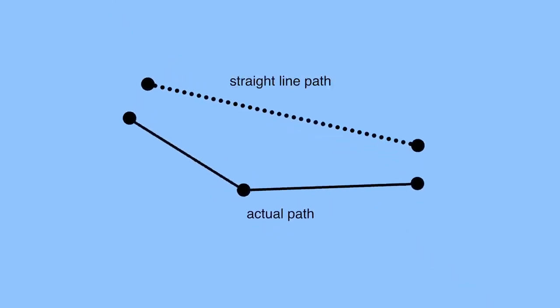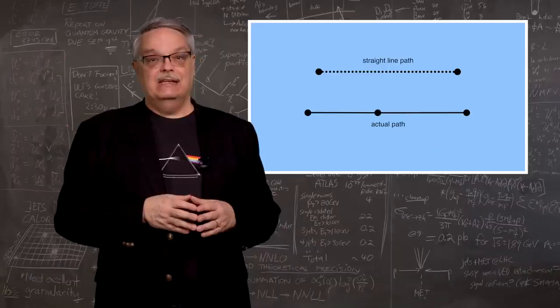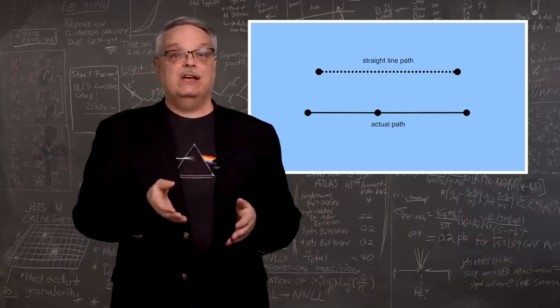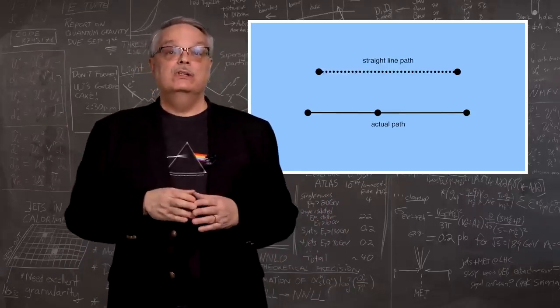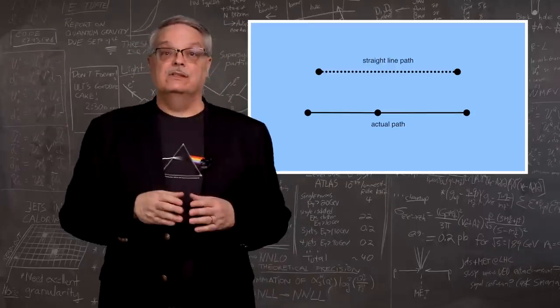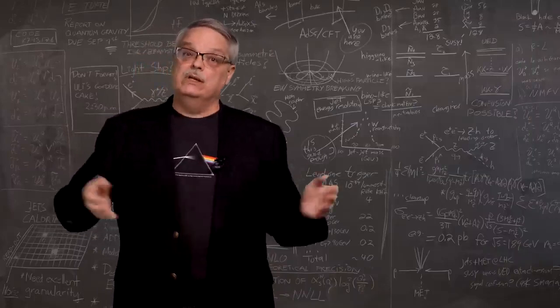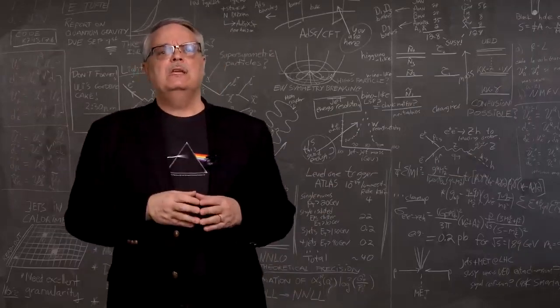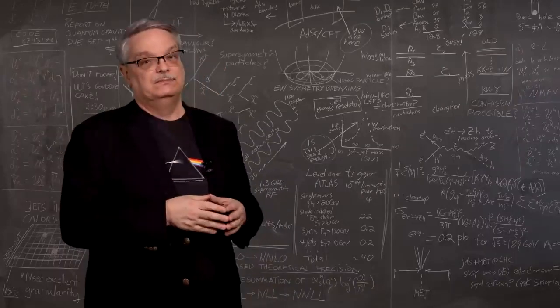If we straighten out the actual path, we see that it is longer than the straight line one. And if light travels at the speed of light in a vacuum between scatters, we see that it will take longer than it would if it went the straight line distance. Taking longer is another way of saying effectively going slower. And this is how some people explain the effective slower speed of light in glass.